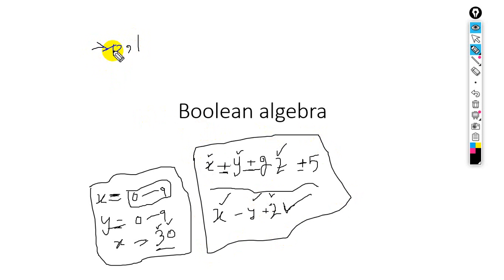We cannot take any other digits, just like we take the digits from 0 to 9 in mathematical algebra. In Boolean algebra we assign a value to a variable, and it may be 0 or 1. It should not be like a mathematical algebraic variable, for example x is equal to 30.